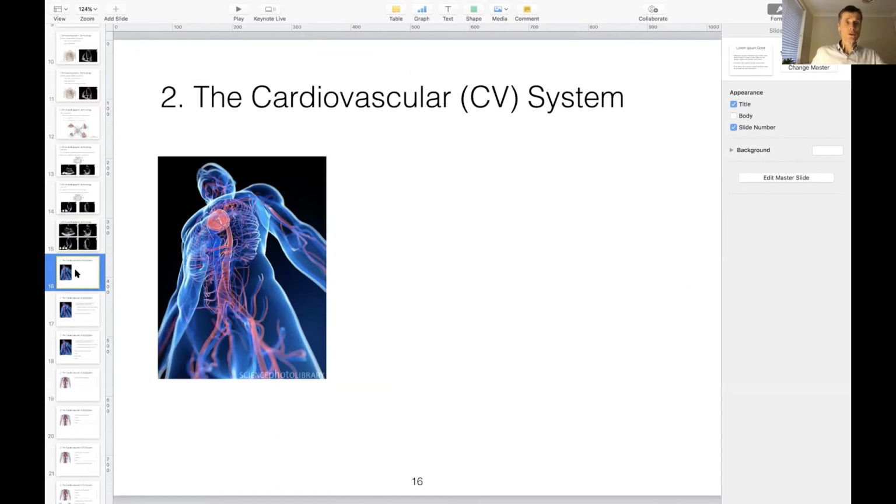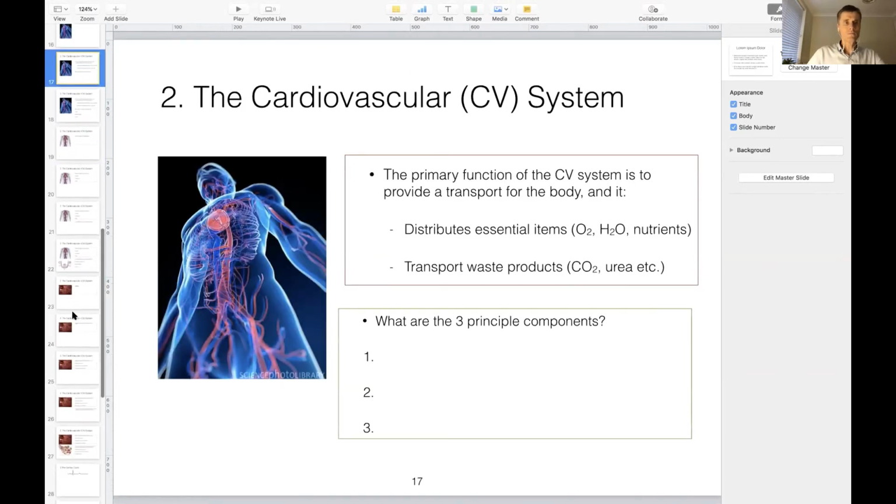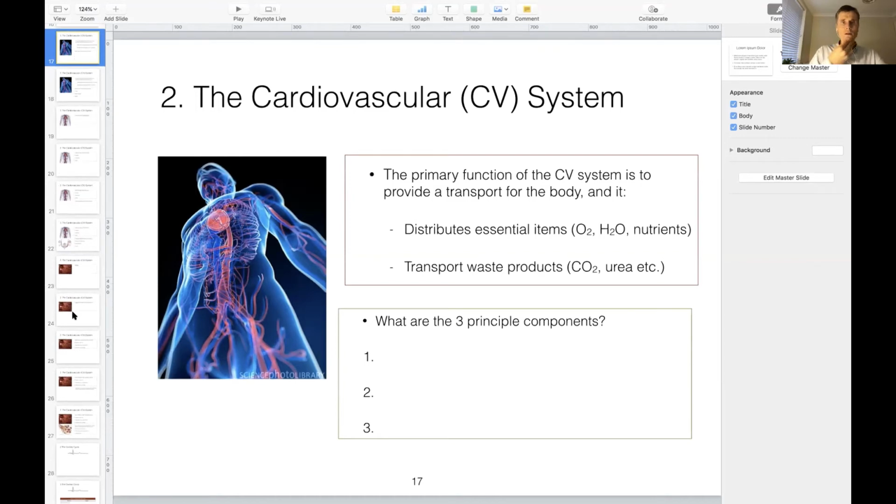Next, I want to talk to you a little bit about the cardiovascular system. I'll start by just reminding you what the primary function of the cardiovascular system is, and in short, it's to provide a transport system for the body, because the body needs nutrients and needs to be able to get rid of waste products. So the cardiovascular system has been beautifully designed to make that possible.